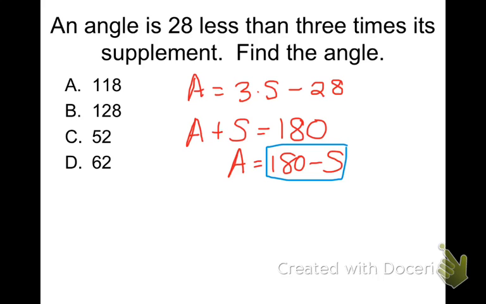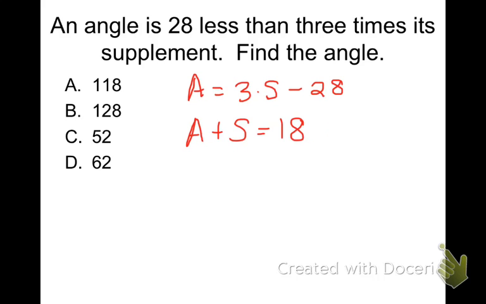Now I can take this expression for A and this expression for A, and solve for S. Well, let me back up. Maybe we can solve for A quicker if we set S equal to 180 minus A. That'll be a quicker way to solve.